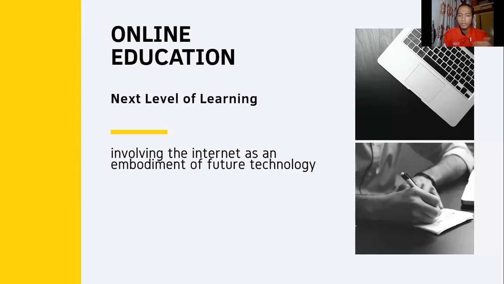Education may also be achieved from electronic learning, where you gain information electronically, with a mentor or not. This involves the internet as an enabler of the future technology to learn something new.